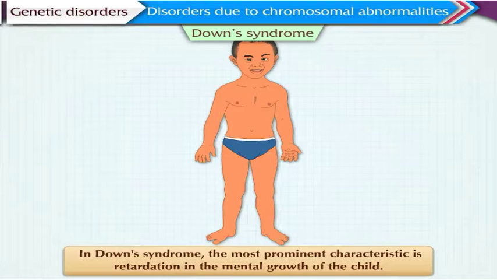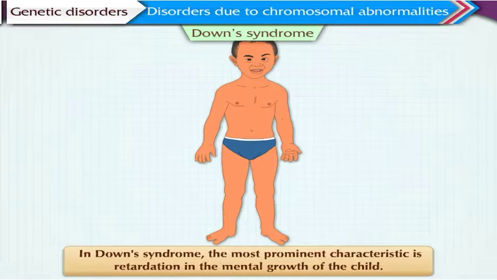Children born with this defect have a life expectancy of about 16 to 20 years. After learning about the abnormalities caused due to chromosomal abnormalities in autosomes, let us learn about the abnormalities caused due to chromosomal abnormalities in sex chromosomes.